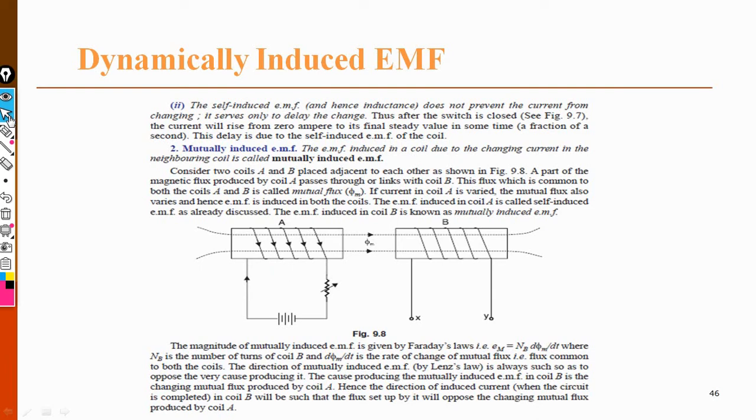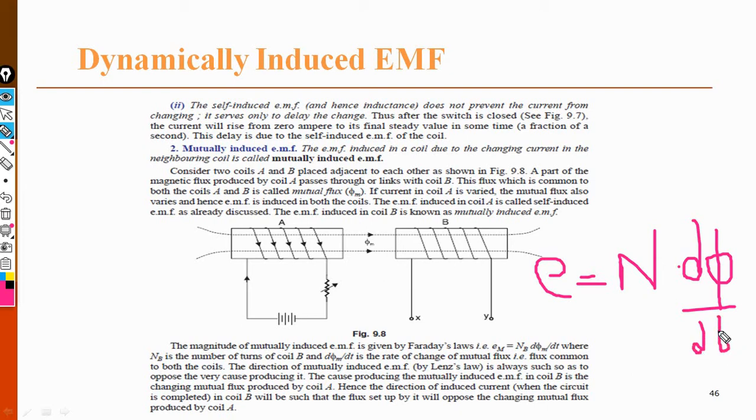Okay. Then the overall operation of mutual induced EMF depends on Faraday's law. The Faraday's law of electromagnetic induction is E is equal to N d phi by dt. This is the Faraday's law of electromagnetic induction.